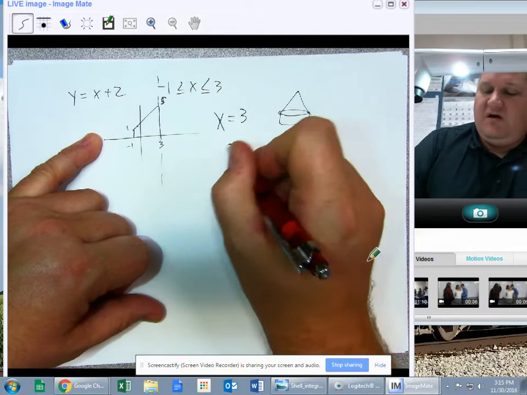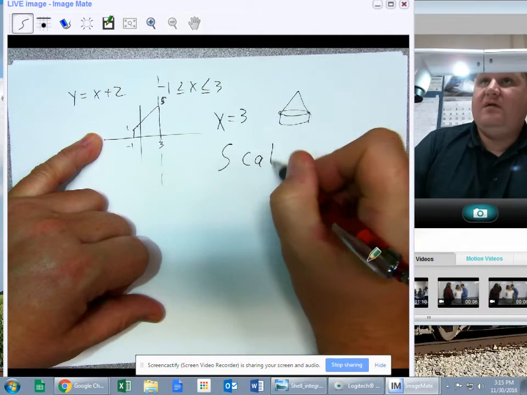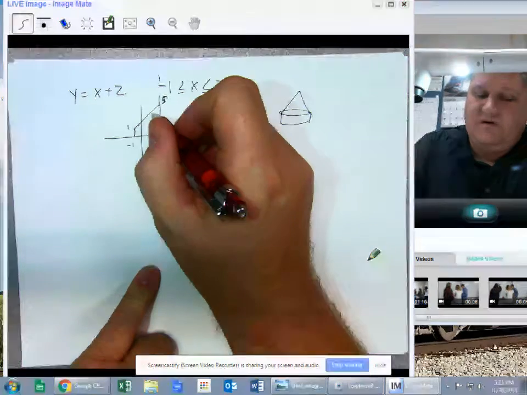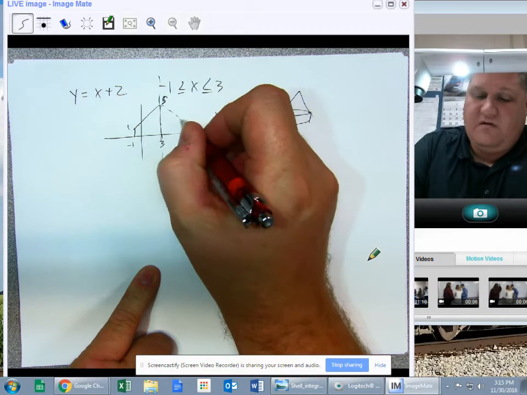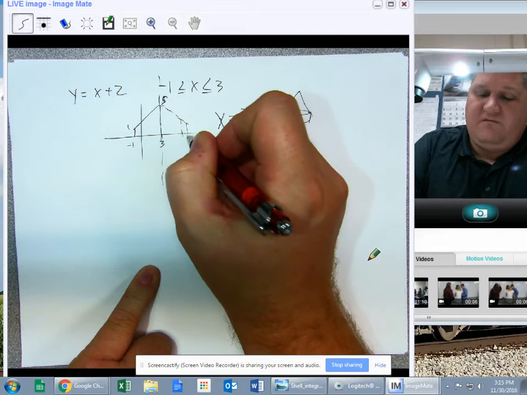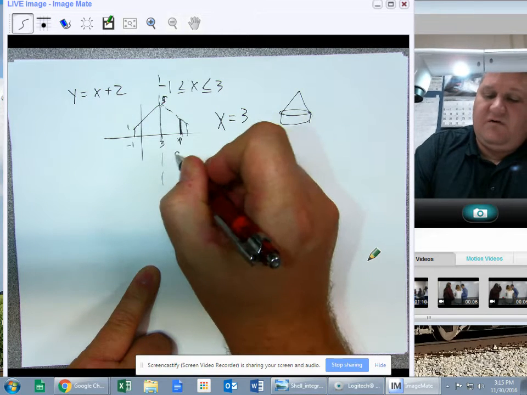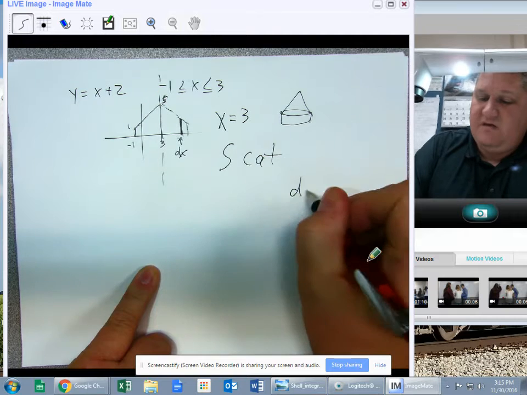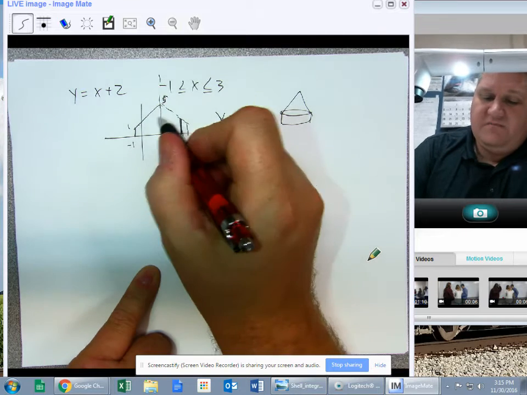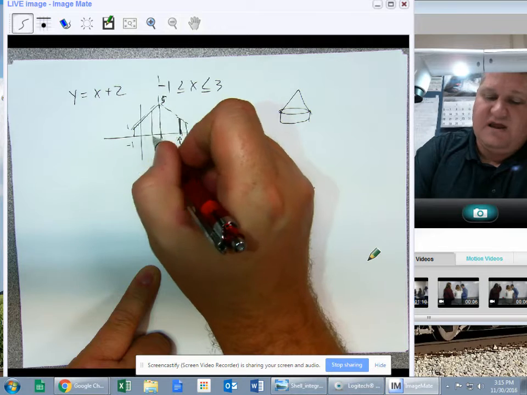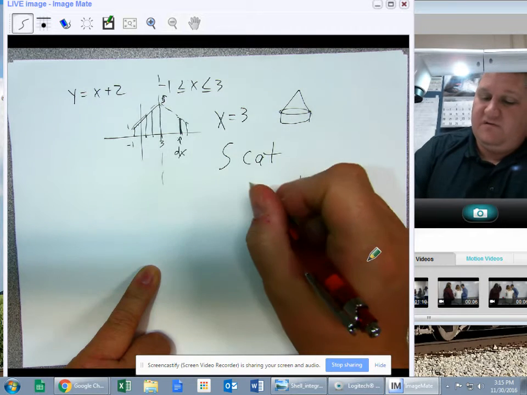So here we go. Again, because we're going around something that looks like a y, we're still going to slice it vertically. So by slicing it vertically, our thickness still remains dx. Our altitude is indeed just going to be the function. So this function right here determines the altitude.